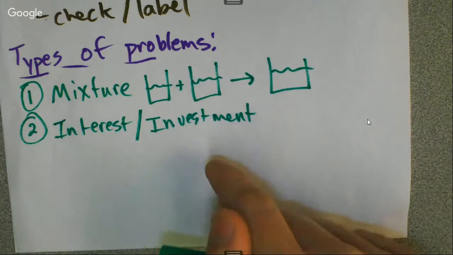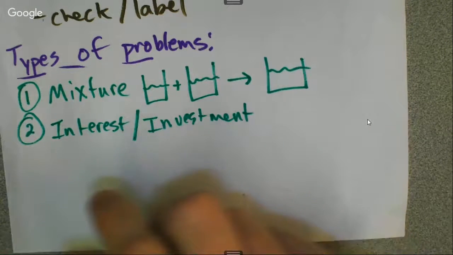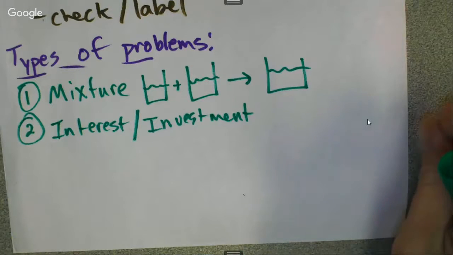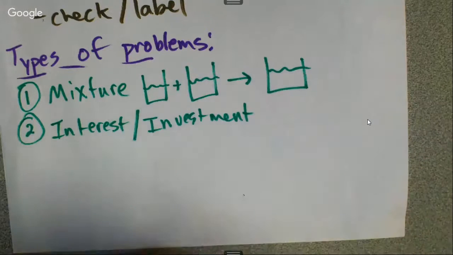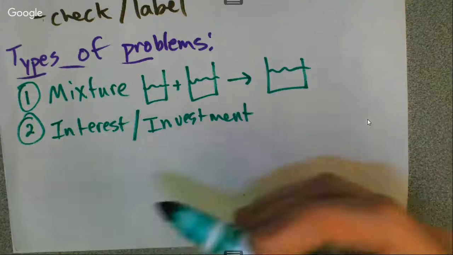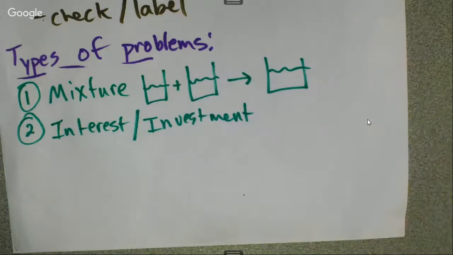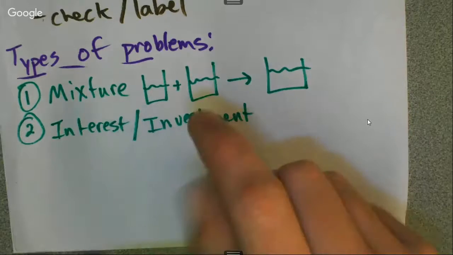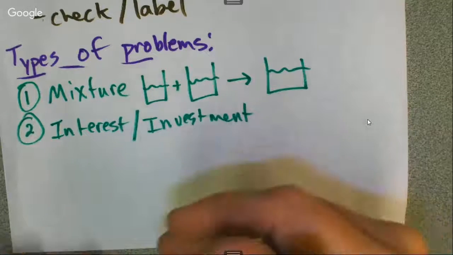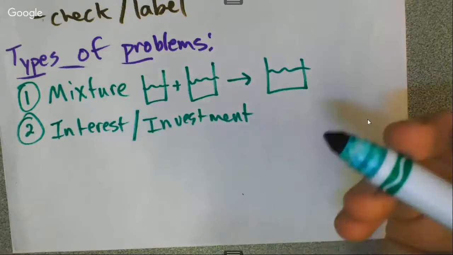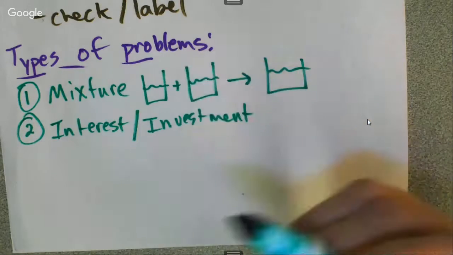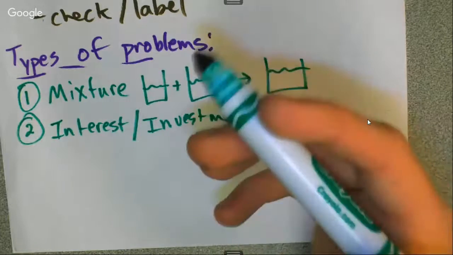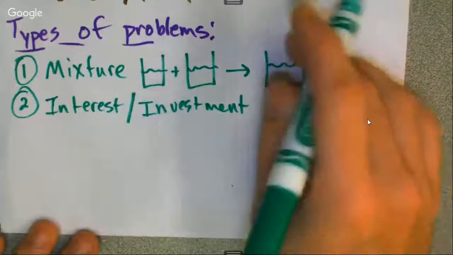Or if I put some of my money in 2 different funds, how much money am I going to make? Or how long do I have to leave my money in there to make a certain amount. So these are probably my number two favorite problems, because you get to play with your money. Okay, if I put $5,000 in the bank and I want 10,000, how long am I going to have to leave that in there to double that money?